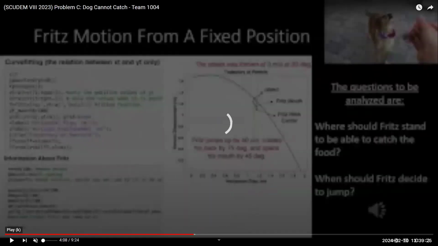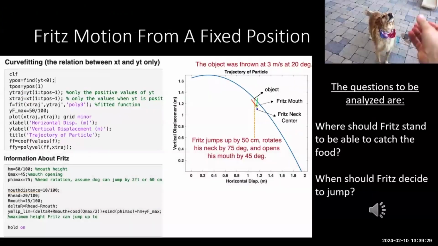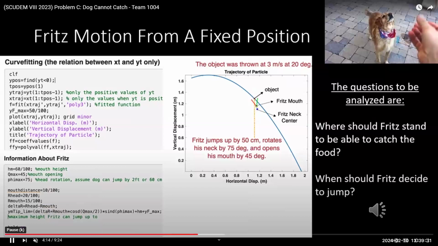Okay, right about here. So this was our visualization using just graphs in MATLAB. We plotted the trajectory of the particle, as well as roughly the position that Fritz's mouth would have to be, with 2 lines denoting lengths for it to catch said object.